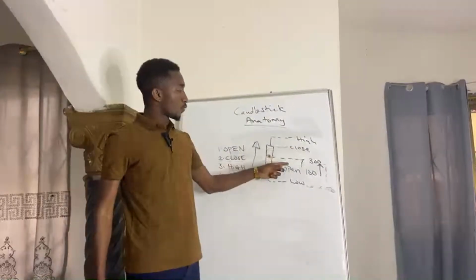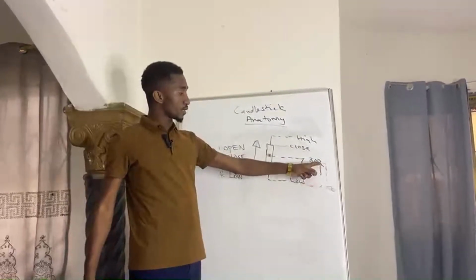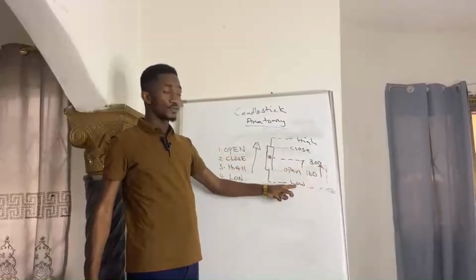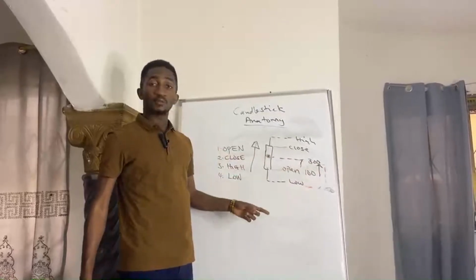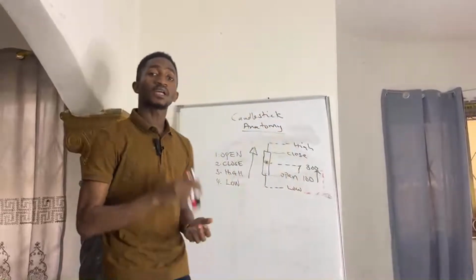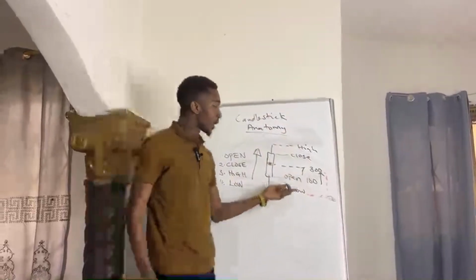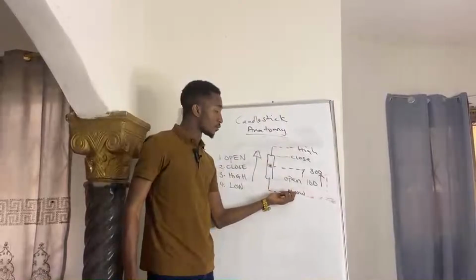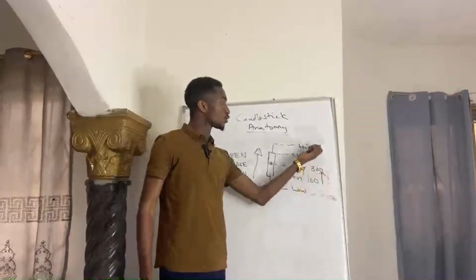What happens when the sellers push the price from 300 to 50? They are tired, because taking a price from 300 all the way down to 50 requires a lot of momentum, a lot of energy. So now, in as much as they are tired, the buyers decide to take the market from this low, from this 50, all the way to the high.